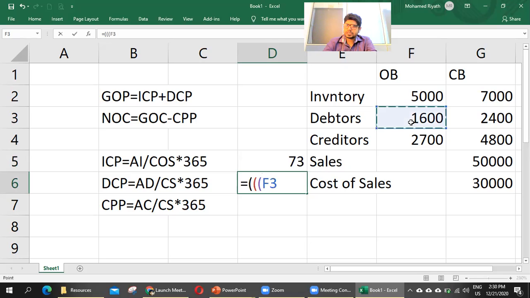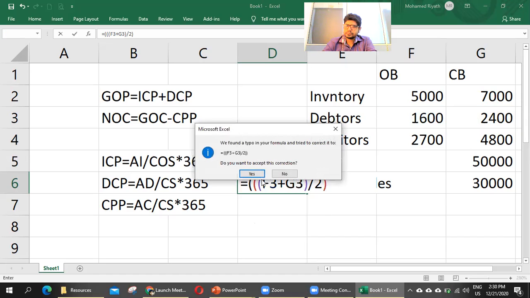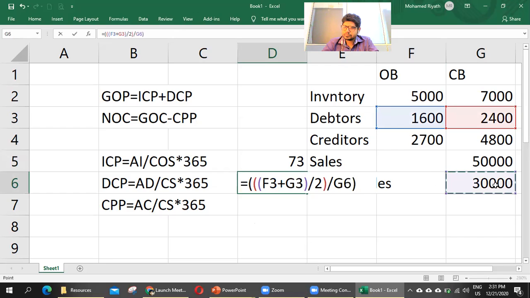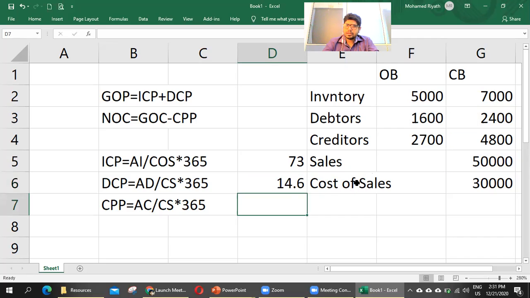That is 1,600 plus 2,400 divided by 2, and we divide it by credit sales, 50,000, and multiply by 365. 14.6 days.